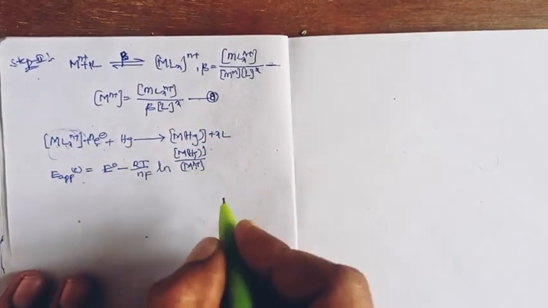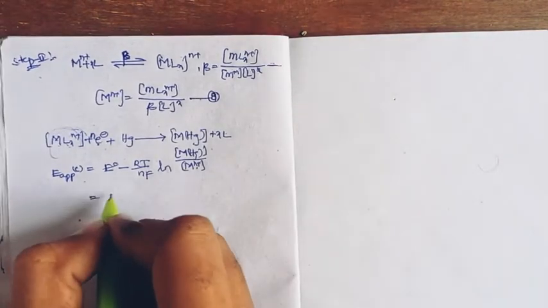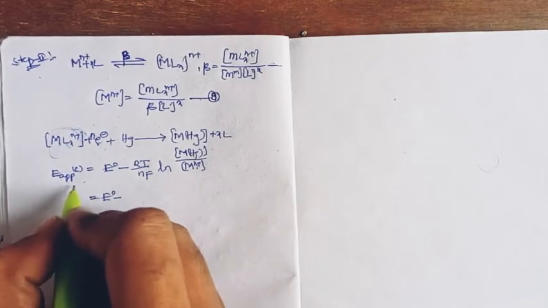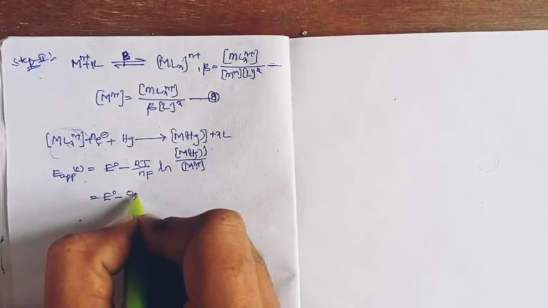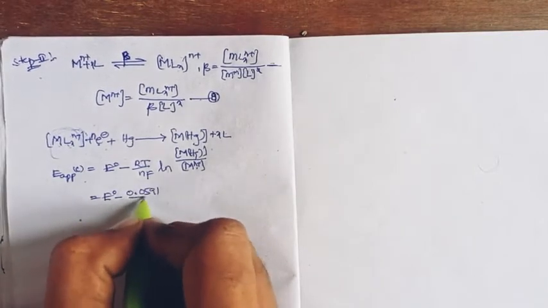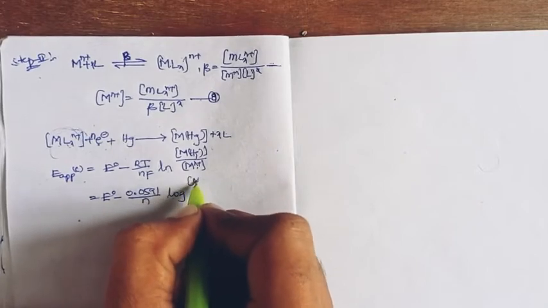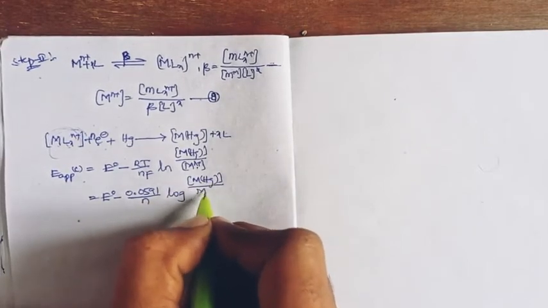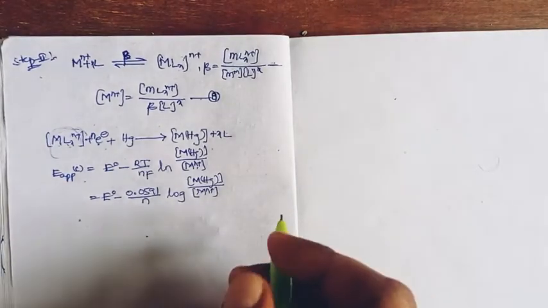When we summarize, E applied for the complex is equal to E naught minus 0.0591 by n log of the concentration of metal amalgam divided by the metal ion concentration.